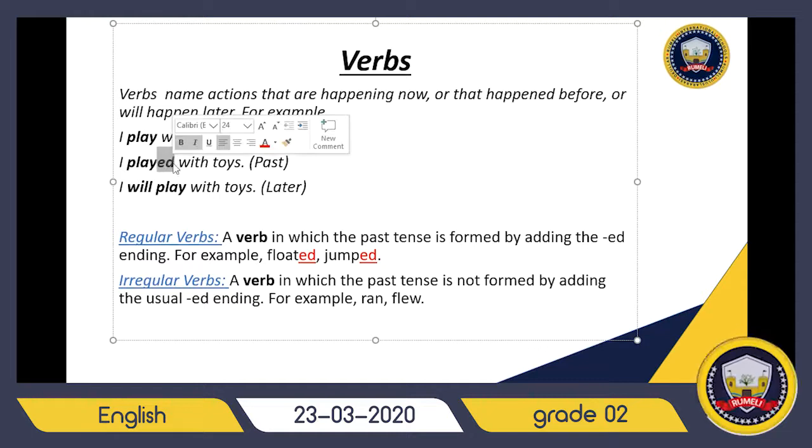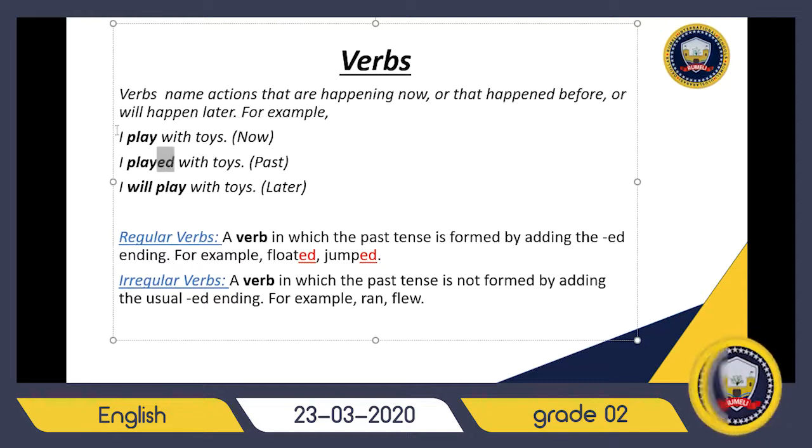See here, we just added ed to the verb play. Or if you are going to talk about the future, you will say I will play with toys. So the action word here is play. So you can simply say verbs are action words.